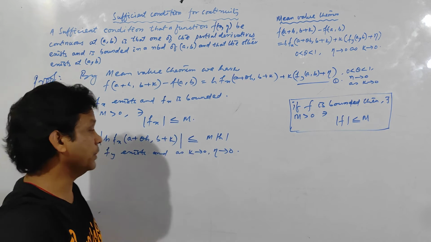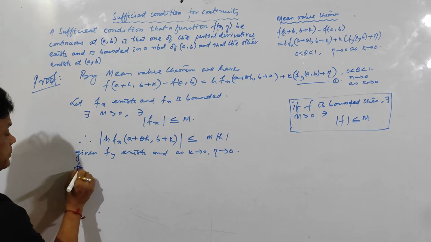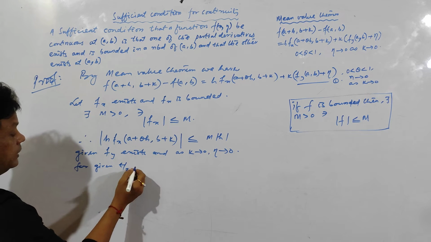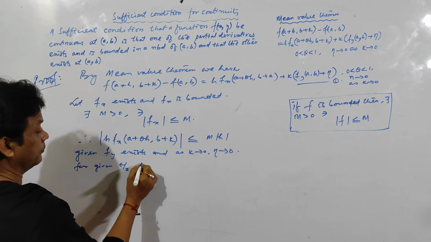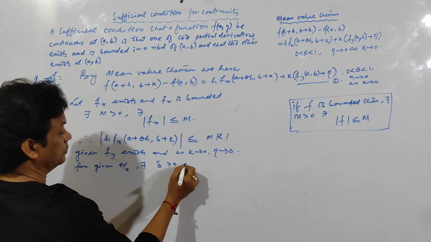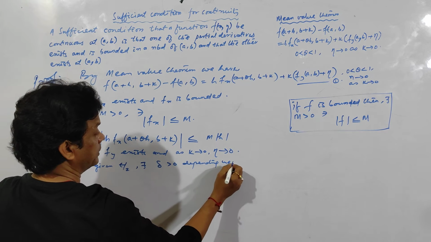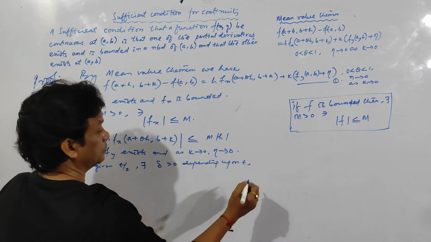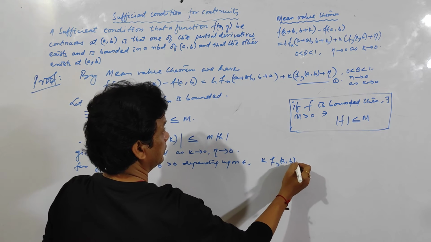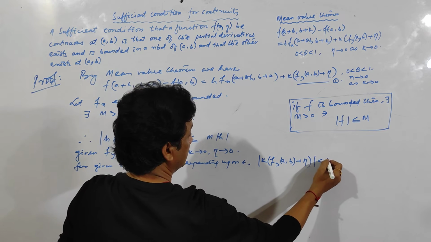Clear? So that is why, for given epsilon by 2, there exists delta greater than 0, depending upon epsilon, such that the mod of k into fy at a b plus eta is less than epsilon by 2.